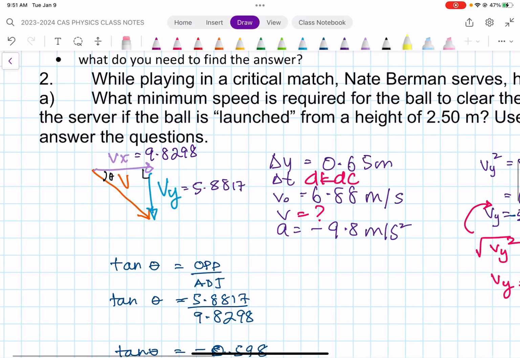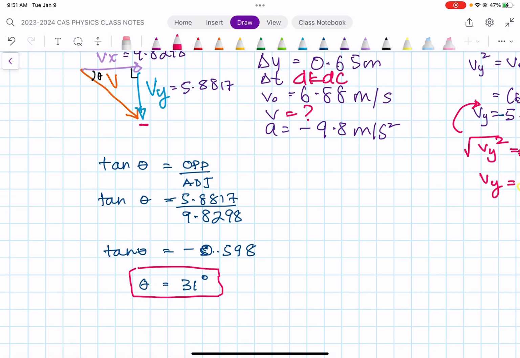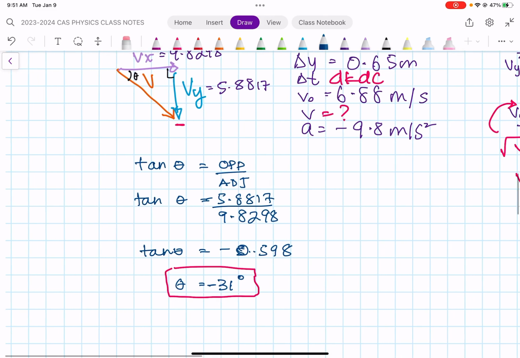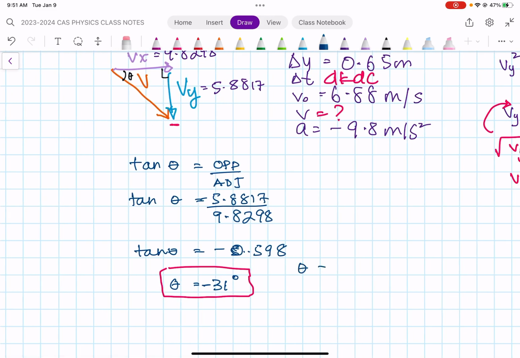If you look at this, Vy is pointing in the negative direction, right? So on its way down, it's going down, which is negative. And actually, if I put that negative properly, I would have ended up with negative 31. Another way to say this in words is theta equals 31 degrees below the horizontal. And that's the answer. So you could have left it as negative 31, or you could have described it as 31 below the horizontal. Both are correct. Okay? All right.